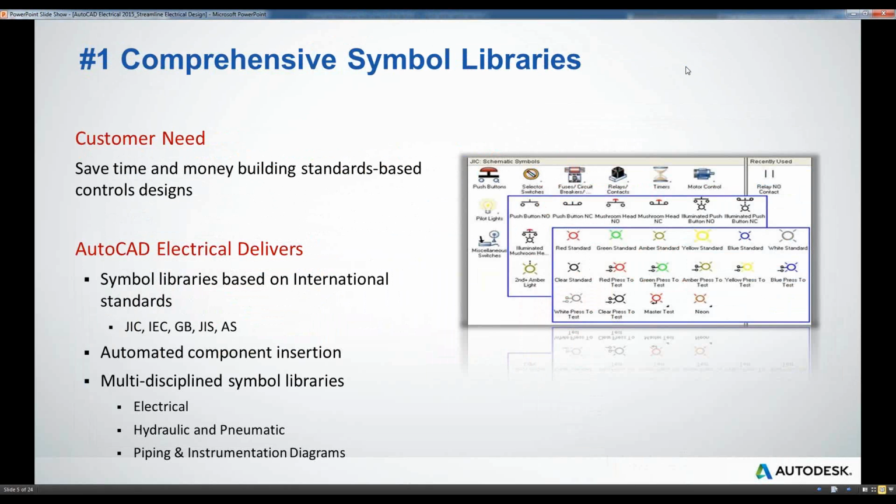And if you find one that we don't have, guess what? You can customize that library. Not just electrical, we also have hydraulic and pneumatic symbols, as well as some piping and instrument diagrams. So it goes a little bit more than just electrical.